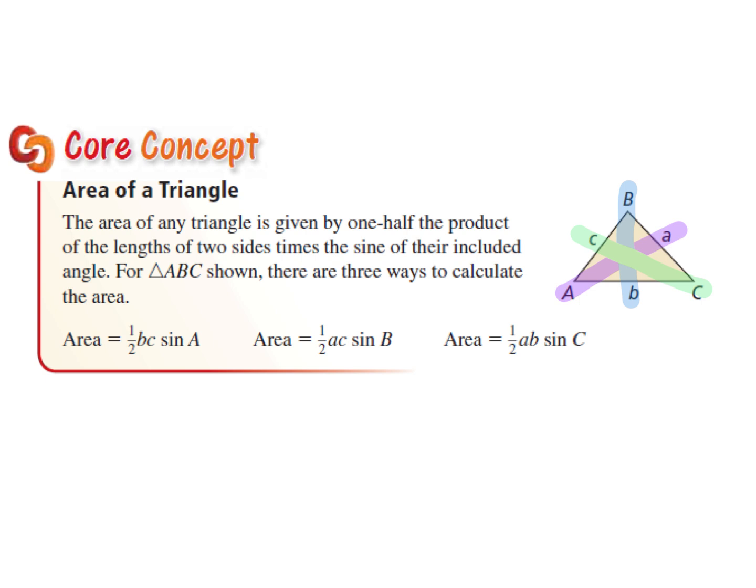That's what they're giving us. I have B, C, those are my sides, and they're giving me angle A. I have A, C, and angle B. I have sides A and B and angle C. So that's a side, angle, side.